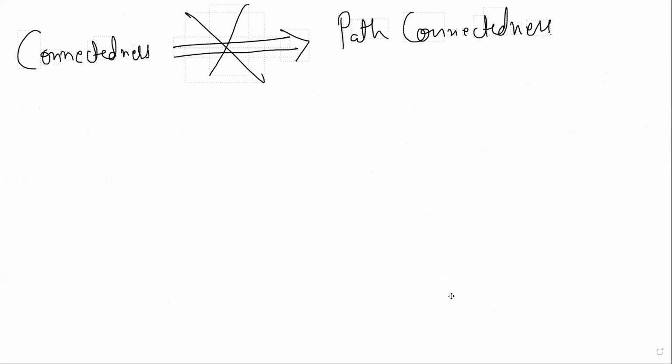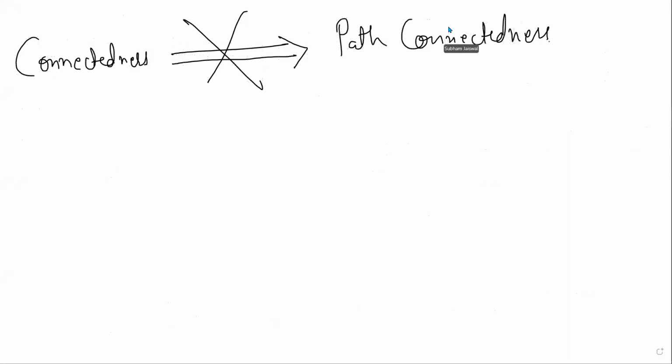Now, maybe it's a little hard for you to think of an example. So maybe let's give a few ideas. What does not being path connected mean? So we want an example.